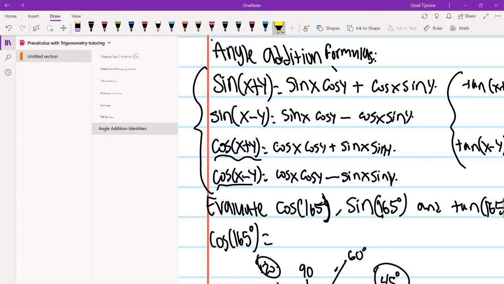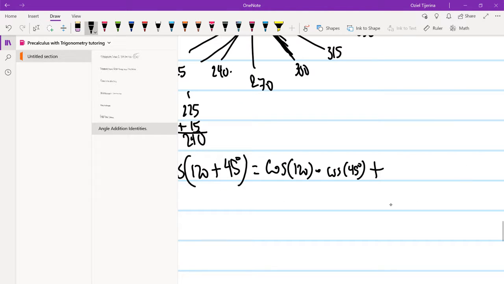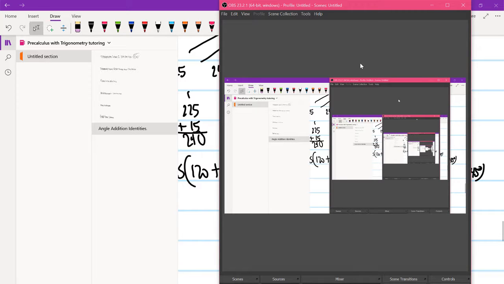So it would be cosine of 120 times the cosine of 45 degrees plus the sine of 120 times the sine of 45 degrees.